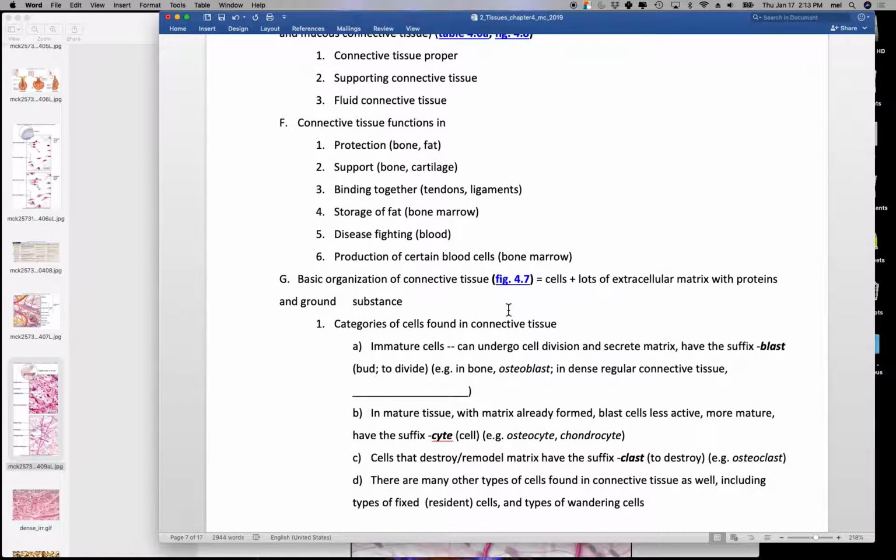And then last but not least, and this is the one that gives people the most trouble because there's the most of them, and it's a little hard to organize, these are called connective tissues proper. If this is fluid and this is mostly solid, this is the squishy stuff that is in between, and it's most abundant, right?